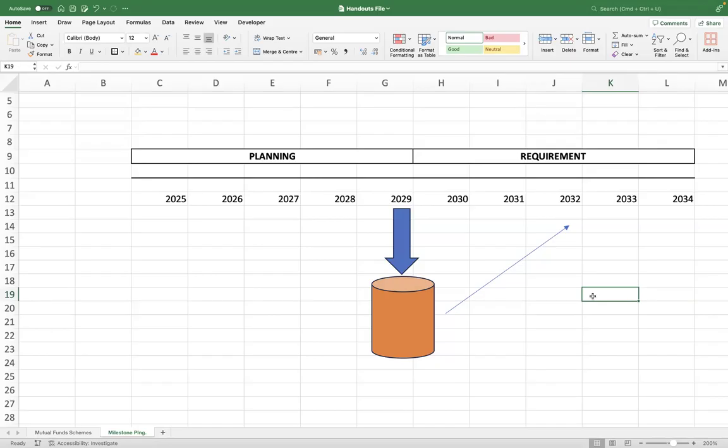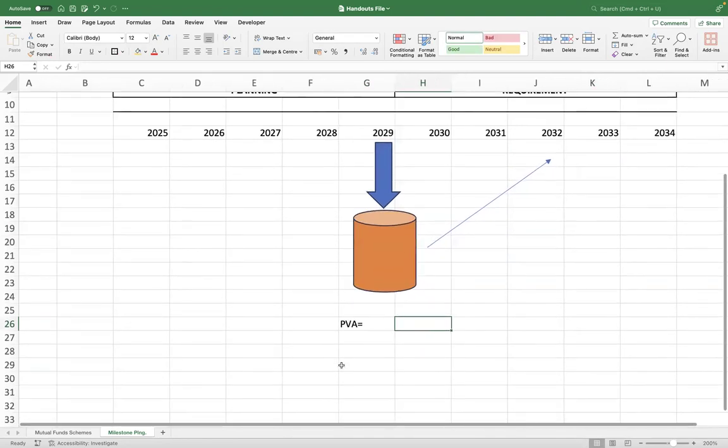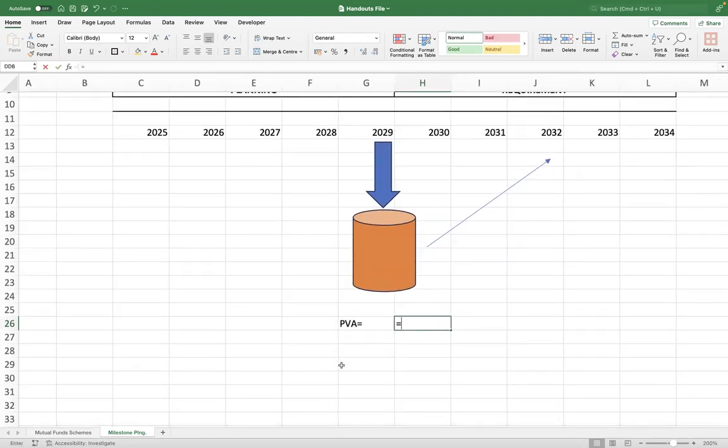So I will first find out my PVA with the formula that I told you. So PVA will be what? Formula annuity value. What is the annuity value? 5 lakh rupees per year into 1 minus 1 by 1 plus R, the bank is giving 8% return, to the power of 5 years of payment, the whole thing divided by 8%.